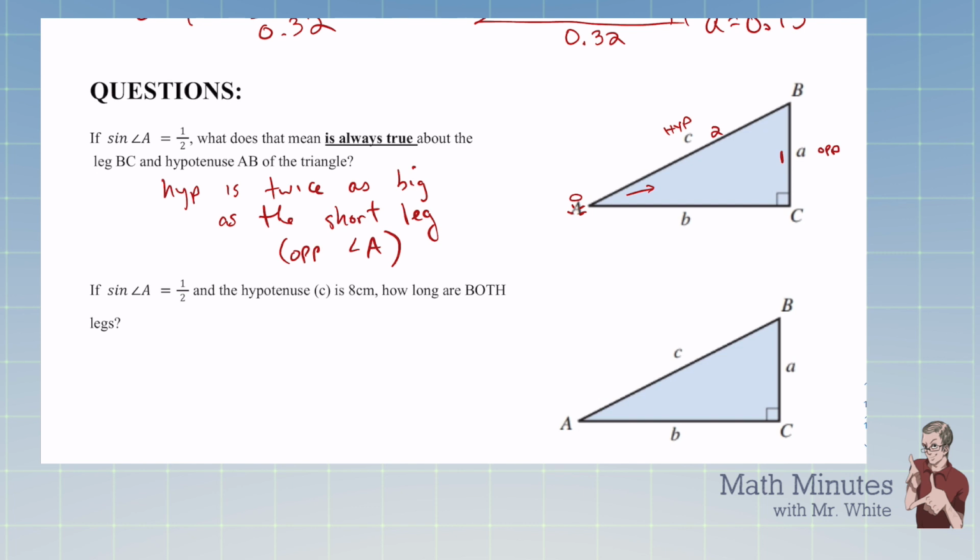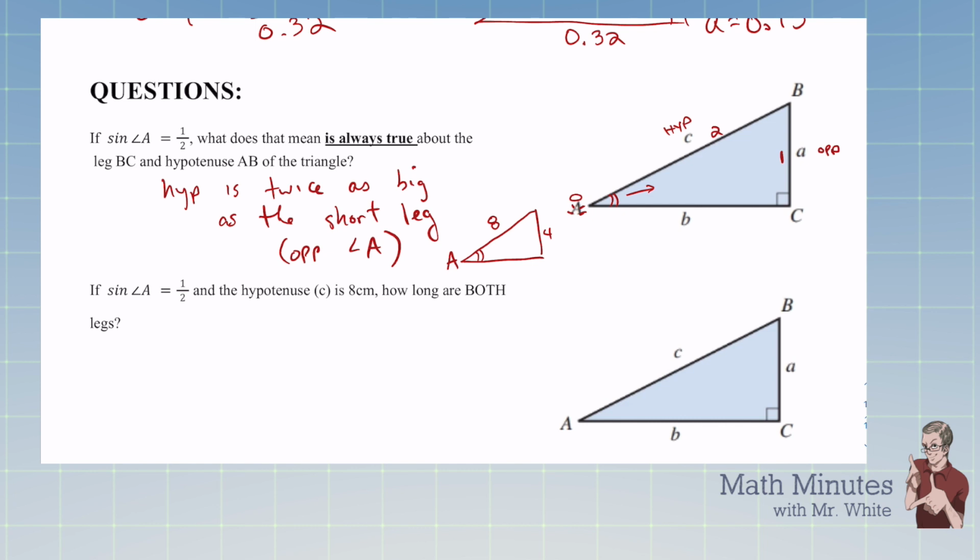So that's kind of cool. It doesn't matter if it's a triangle where the hypotenuse is 8, how big would that short leg be? It would be half as big because the hypotenuse needs to be twice as big. So if this angle A is the same value as this angle A, if these are similar triangles, then we'd have an 8 to 4 or a 4 to 8 relationship between that leg and the hypotenuse.